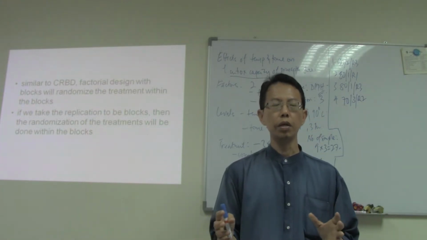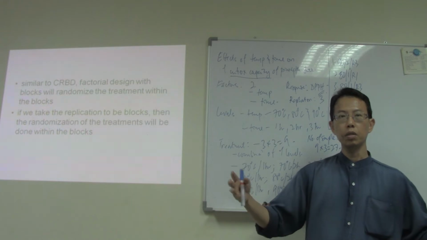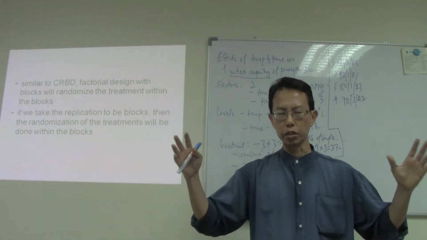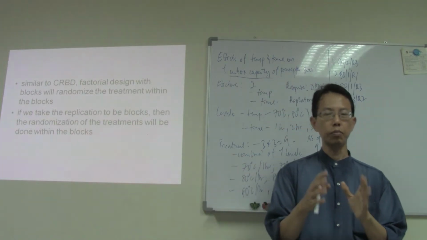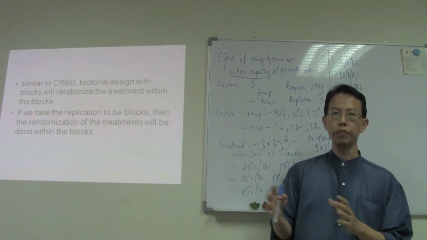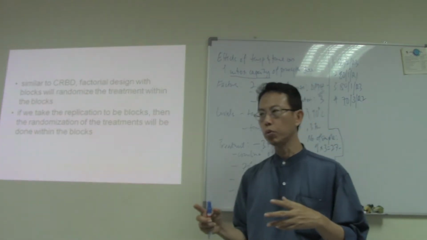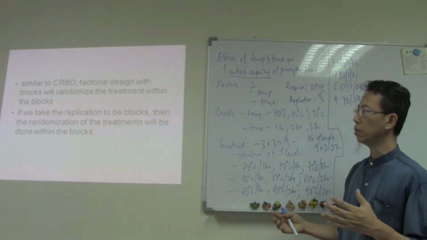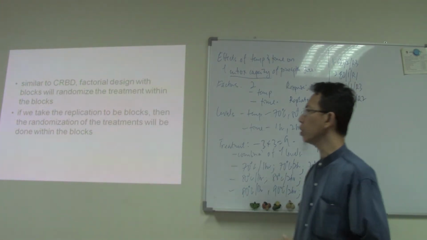And secondly, we will be able to capture the heterogeneity of the samples, because we are not taking all the samples at one time, we are taking them from different batches or at different points of time. So we will be able to incorporate the heterogeneity, the differences of the samples, into our results.